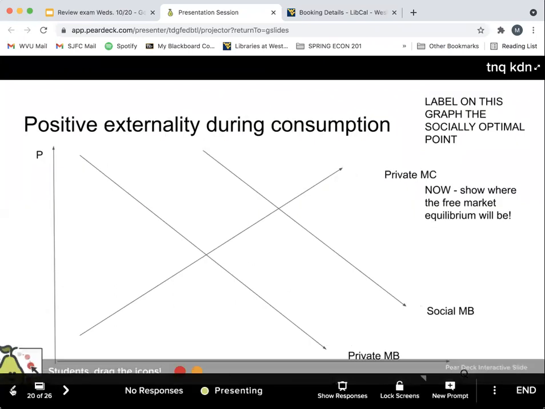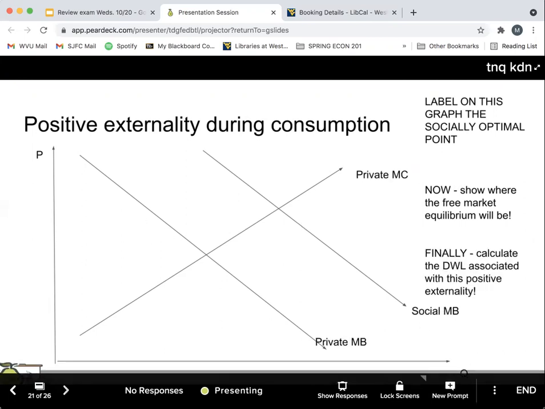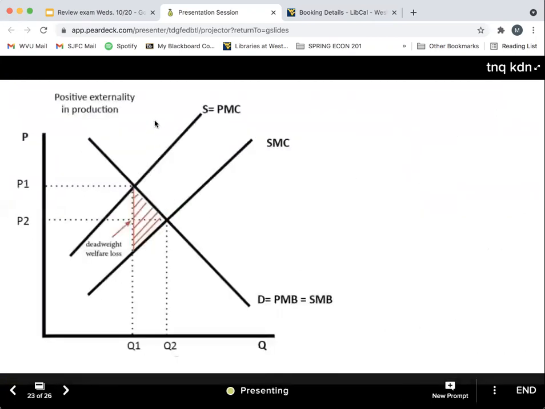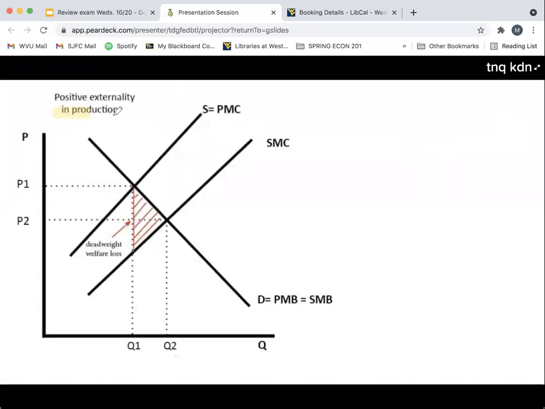So here we saw a positive externality during consumption, where the marginal benefit curve was increasing. Here, if we want to see a positive externality during production, what we're going to see is that marginal cost curve actually come down when it is a production side thing, when it's a supply side thing. So when we see that externality in production, we know it's going to be a supply curve kind of thing.